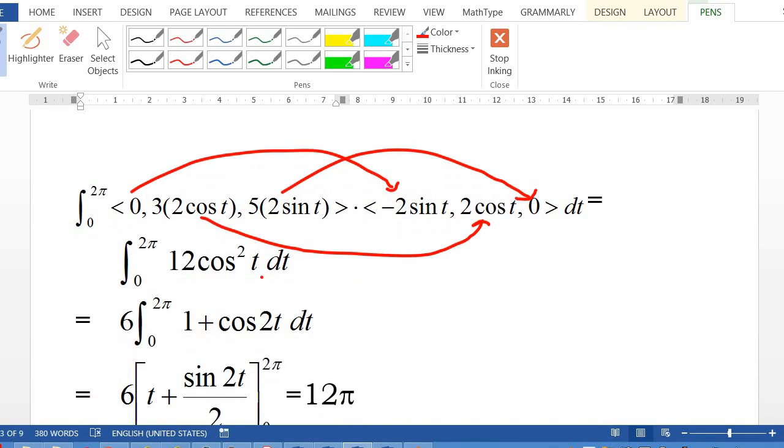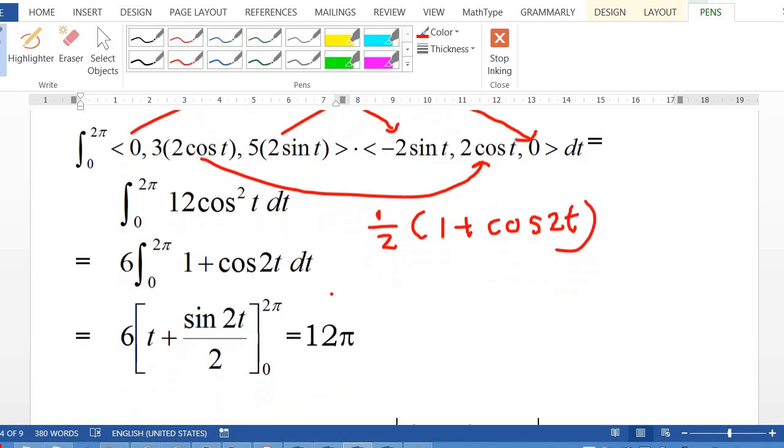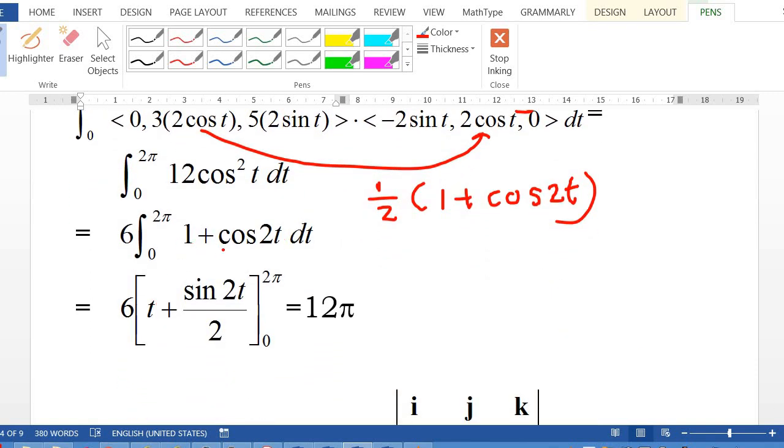Change cos squared t to half of 1 plus cos 2t. So 12 times half is 6 times 1 plus cos 2t dt. Integrate 1 to get t, and integrate cos 2t to get sin 2t divided by 2. Plug in the limits of t from 0 to 2 pi.